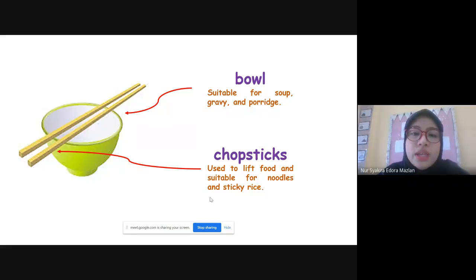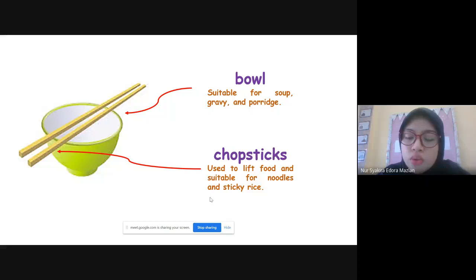It's just that today I want to introduce to you all the types of tableware that we normally use in our daily eating, okay? Done? Everyone done? Okay, I'll go to the previous slide so that you can have a look at all the tableware again and check your spelling that you have written in your notebook.